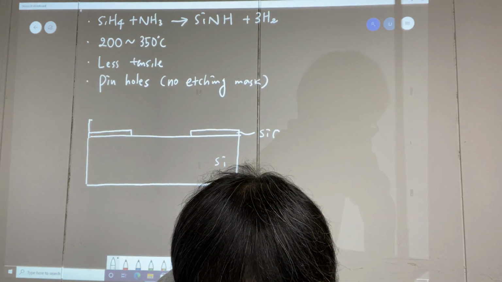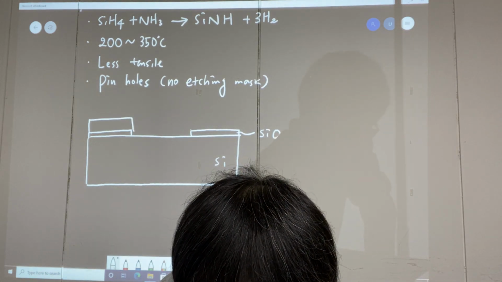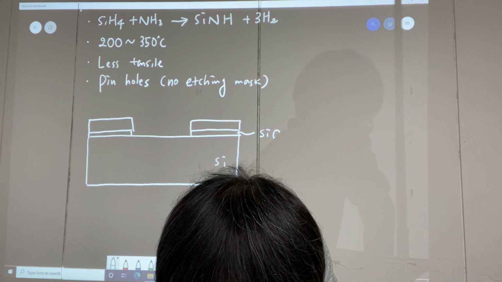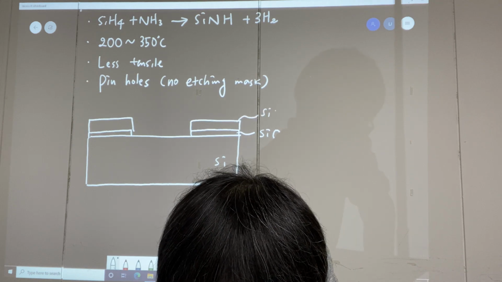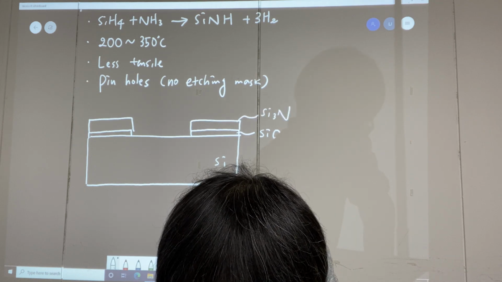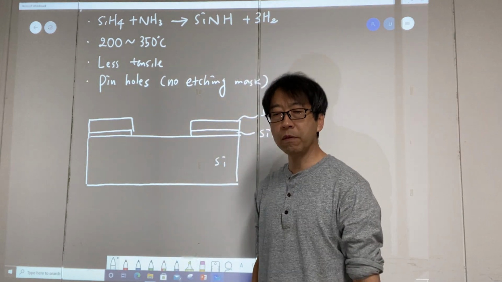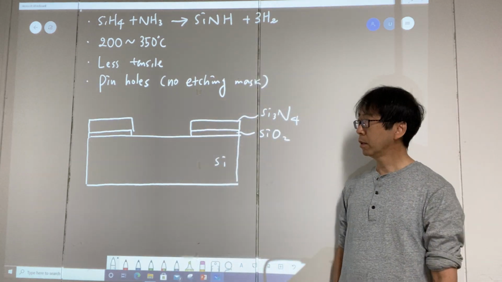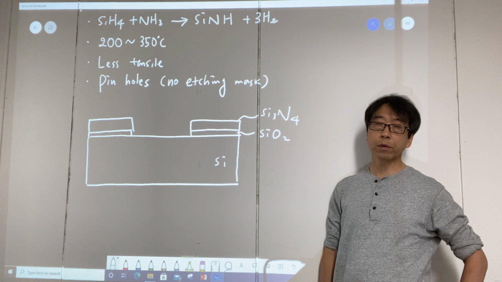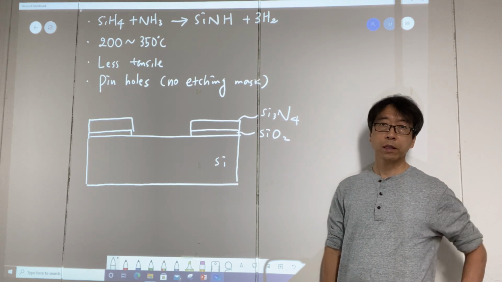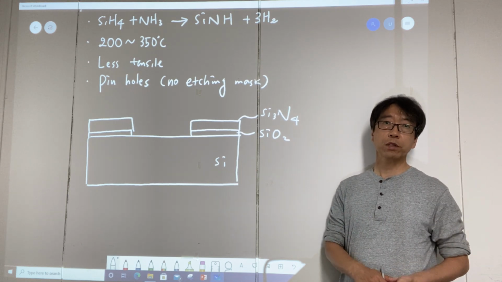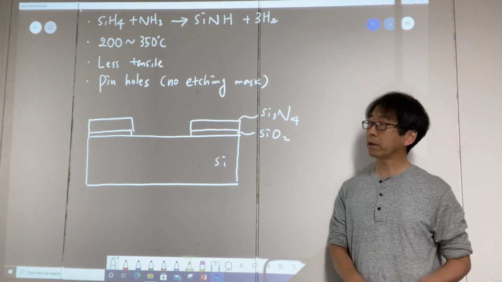And you can deposit and pattern silicon nitride by using a PECVD furnace. Is this process compatible? Which means, can we actually mix these processes?